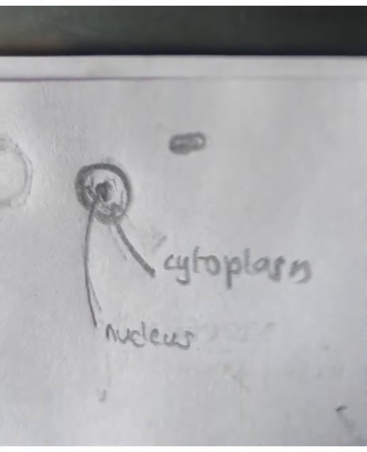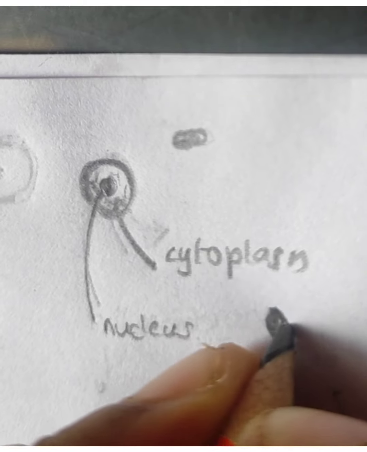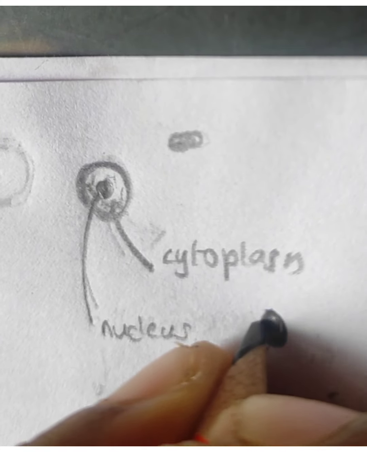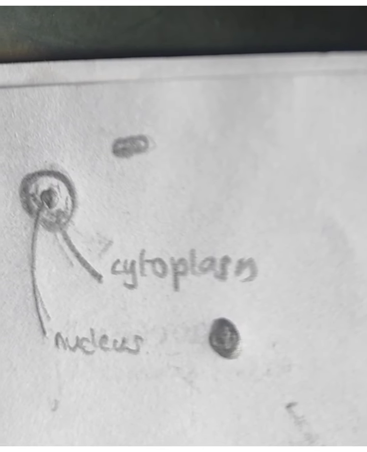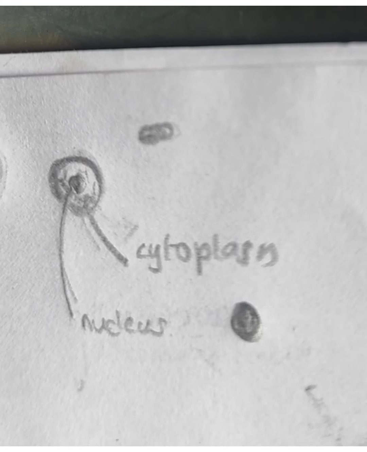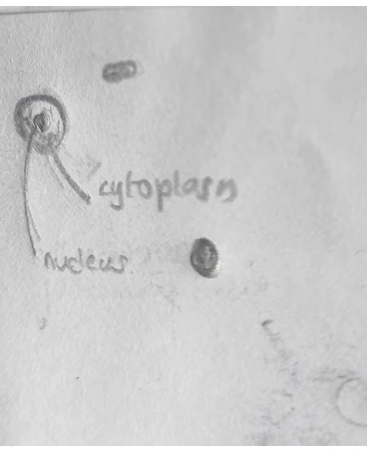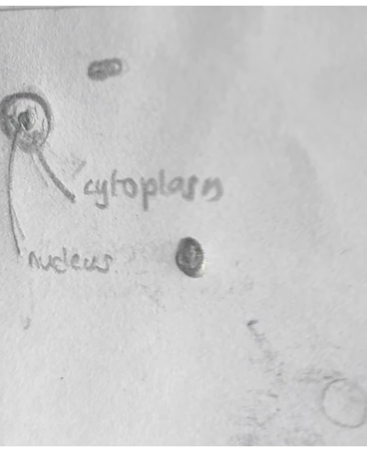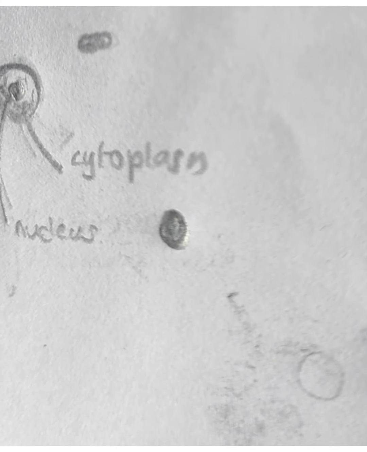This nucleus, when you take it out, is also surrounded by a nuclear envelope. One or two nucleolus and the chromatin body are present in the nucleus.